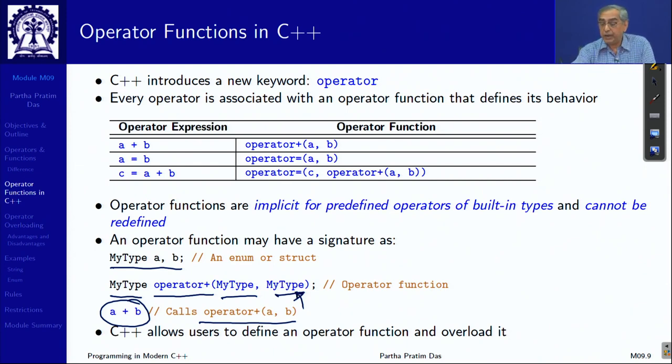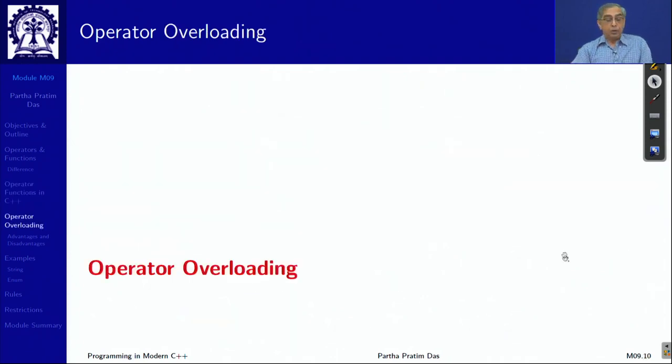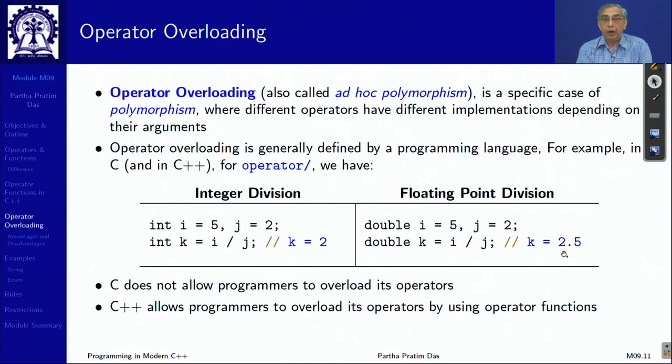This is what is known as operator overloading. Operator overloading is also known as ad hoc polymorphism. You can see that the more we progress, we will have polymorphism and so on. It is a specific case of polymorphism.